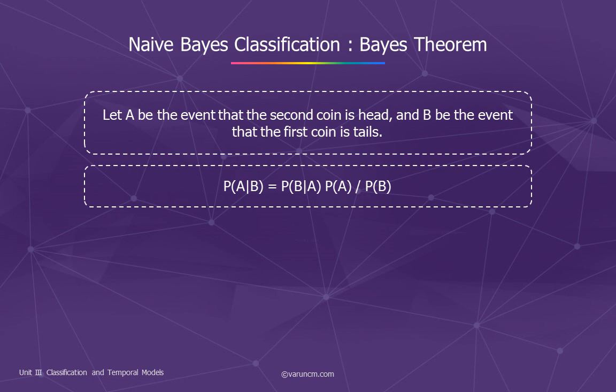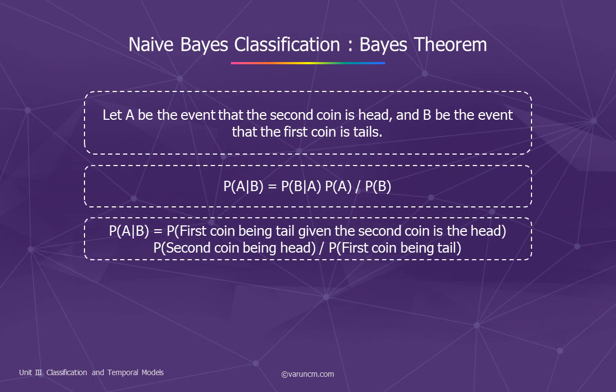Using the Bayes formula, P of A by B is P of the first coin being a tail given the second coin is head, that is B by A, and P of the second coin being head, divided by the probability of the first coin being tail. So this is the probability function according to the Bayes theorem for this particular case.